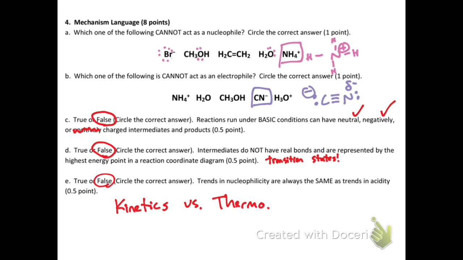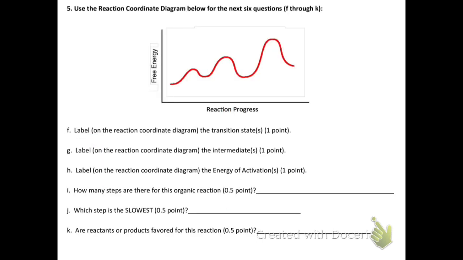Acidity and basicity versus electrophilicity and nucleophilicity actually have to do with different properties. One of them deals with how fast a reaction goes. The other one deals with how stable the reaction is, or how its relative energy changes.